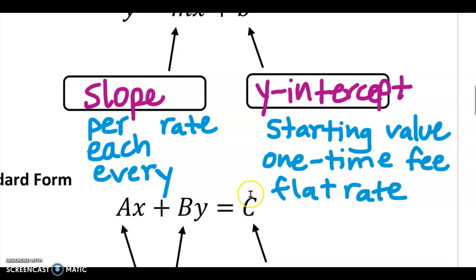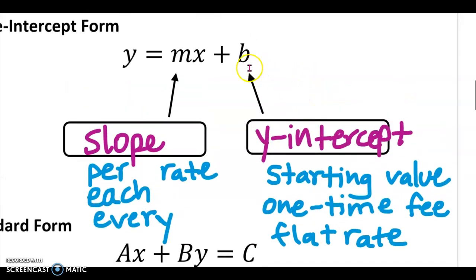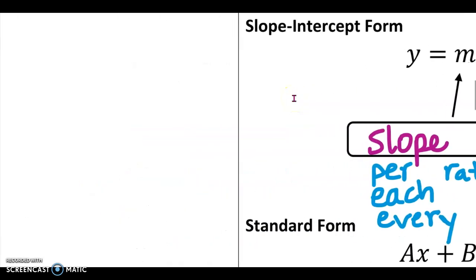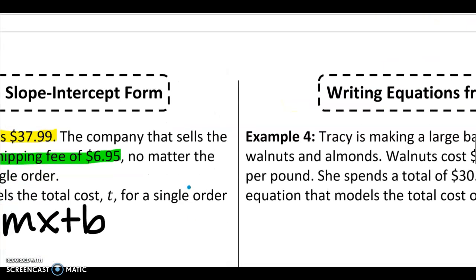Okay, and so flat rate, whatever the flat rate was for that shipping, is the y-intercept b. And then each case is the slope m. So we had also seen the word each in our word problem, which means slope. So let's go ahead and go back to that word problem right here.